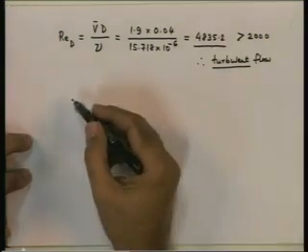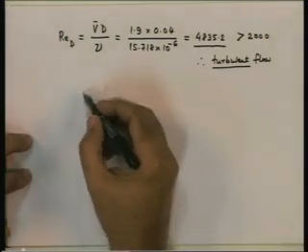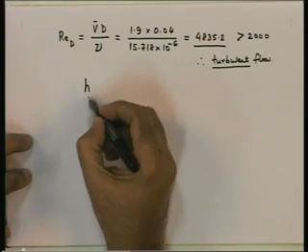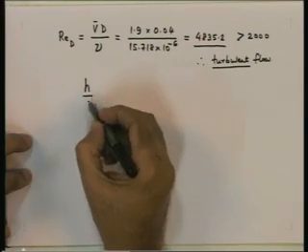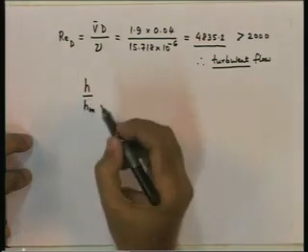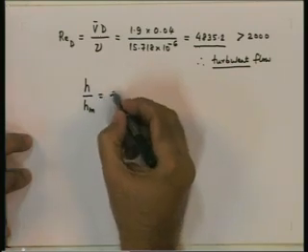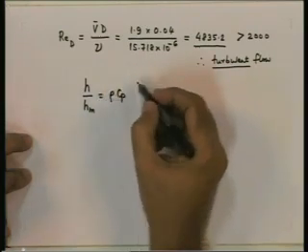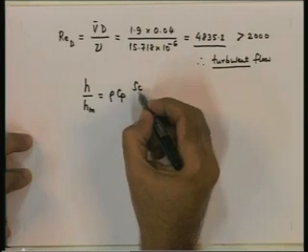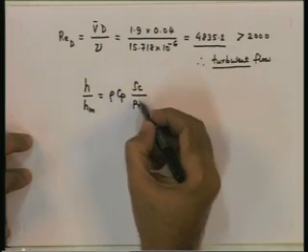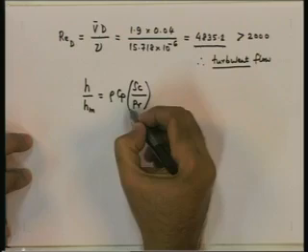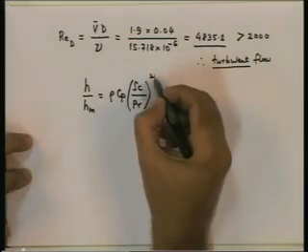Now, using the Colburn analogy, we have H by HM is rho Cp into Schmidt number divided by Prandtl number raised to 2 by 3.